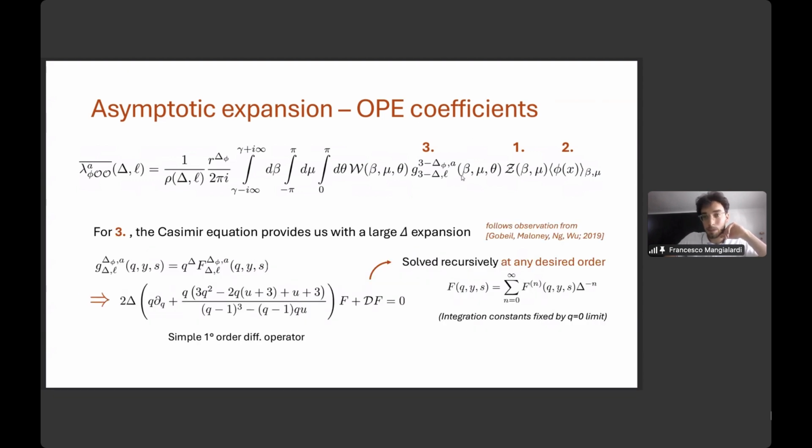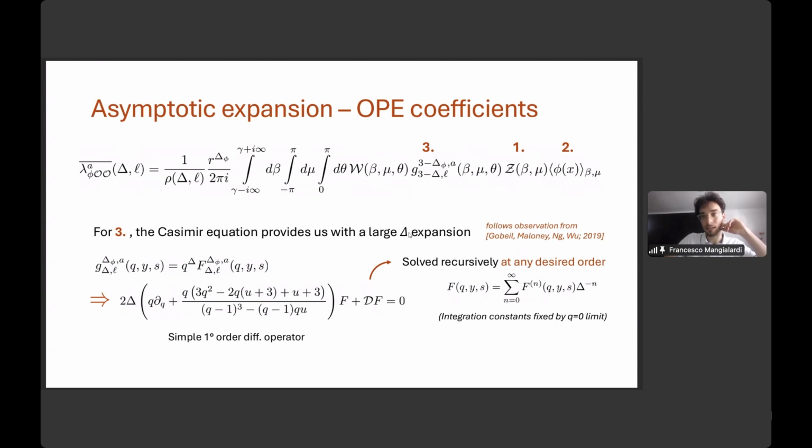Then there is the last piece inside of the integral, which is the block. And once again it is the Casimir equation that comes to help us. In fact, all the delta dependence of this integral sits inside of the block. So what we search for is a large delta expansion of the block.